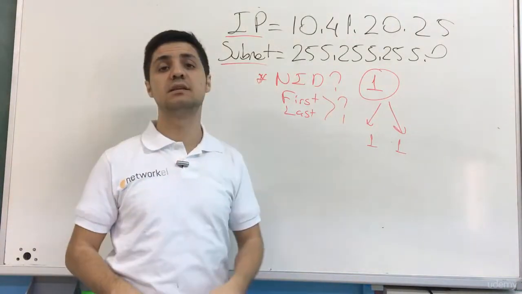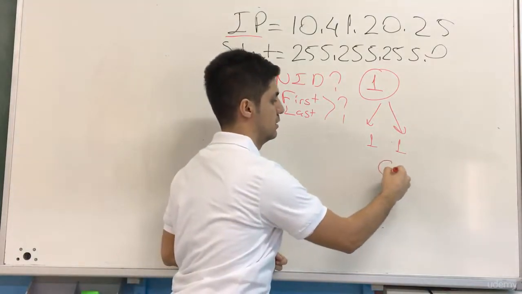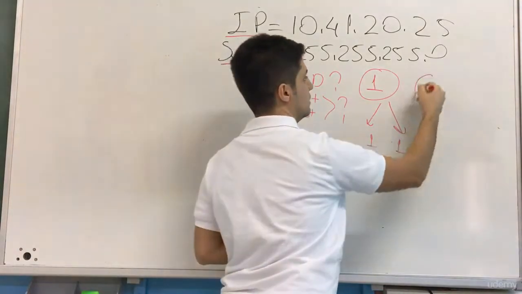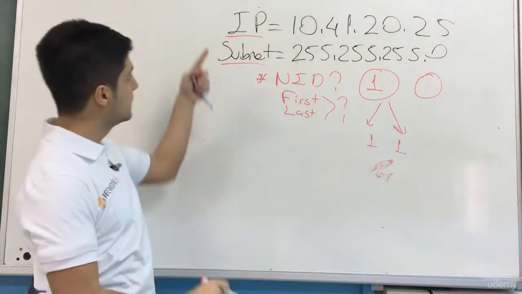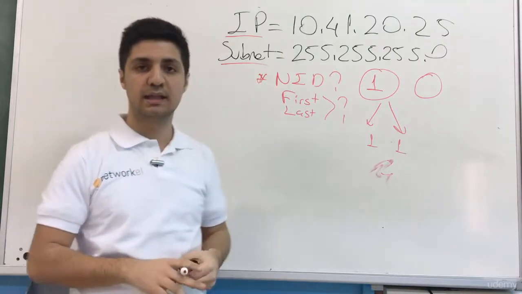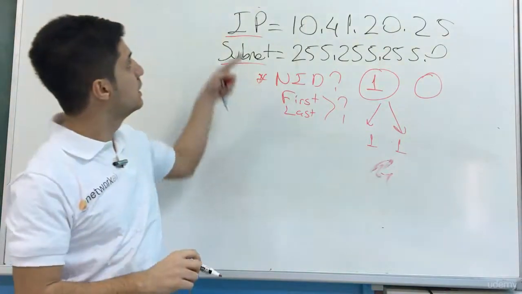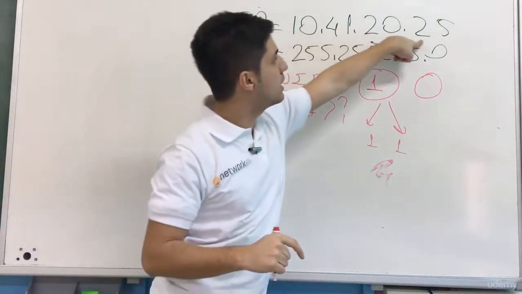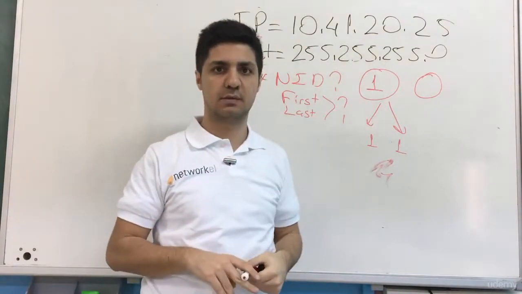In the other scenarios, we are not going to have 1. We are going to have 0. Alright, let's take a look at my IP address and subnet mask now, and I'm going to logically AND them, and I'm going to get my network ID for this IP address while using this subnet mask.